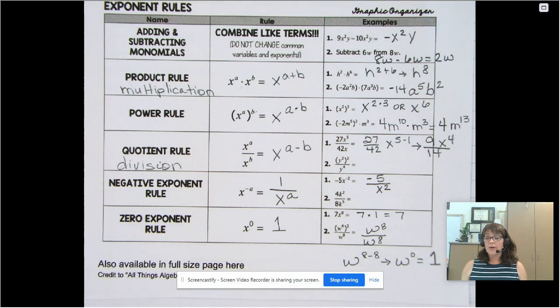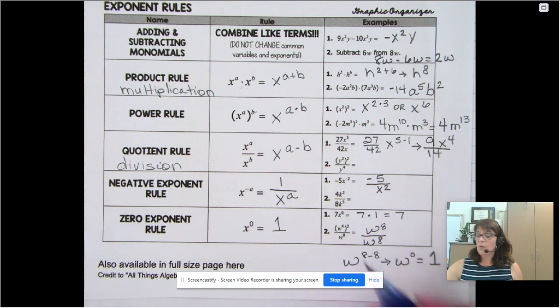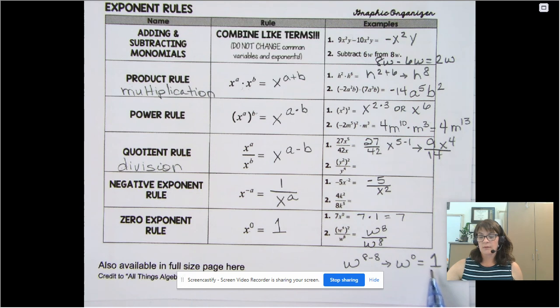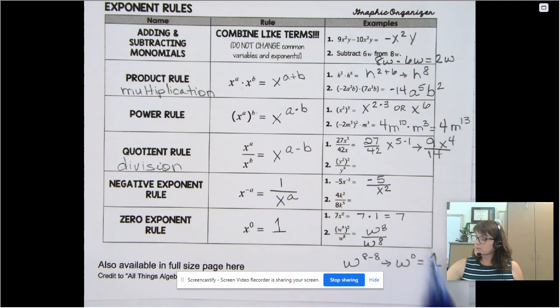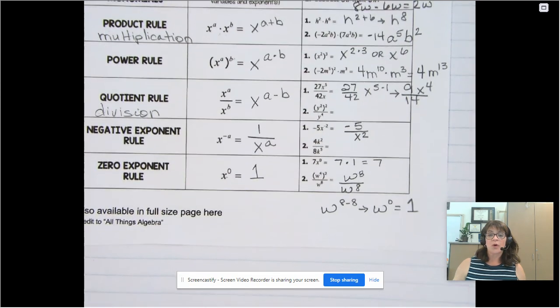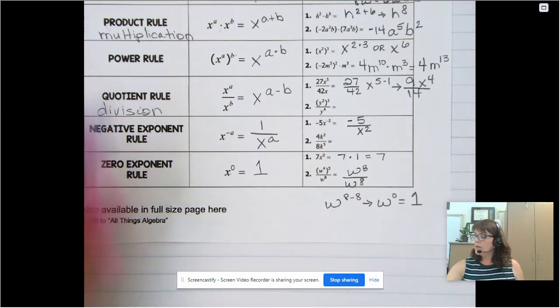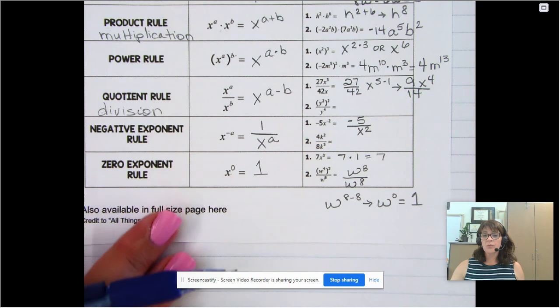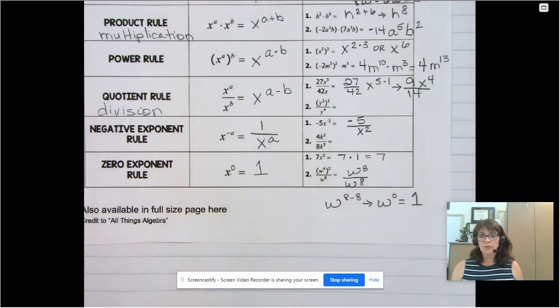Now, something you already knew about fractions, those are exactly the same. You already knew that equaled 1. So these exponent rules are proving some mathematical concepts that you already knew. This is just kind of a nice summary of the rules, a quick review, and of course, we will do plenty of practice.